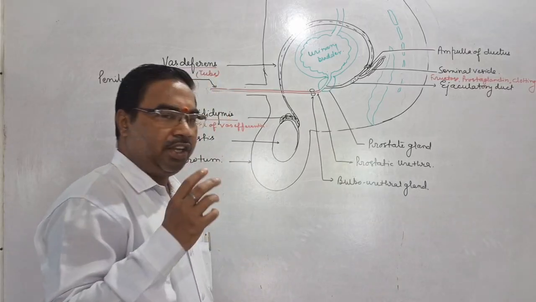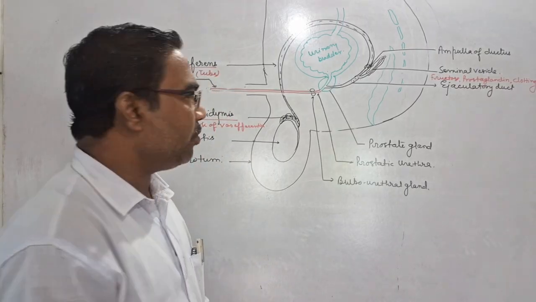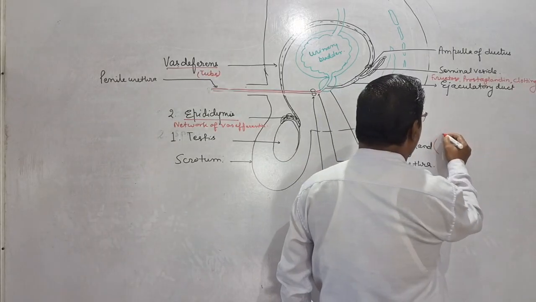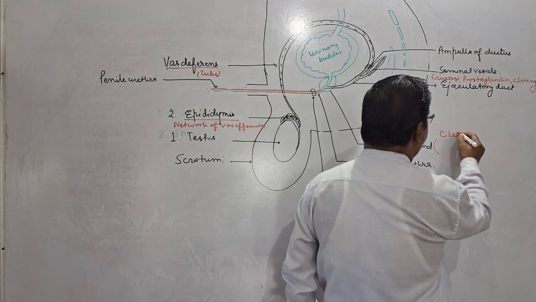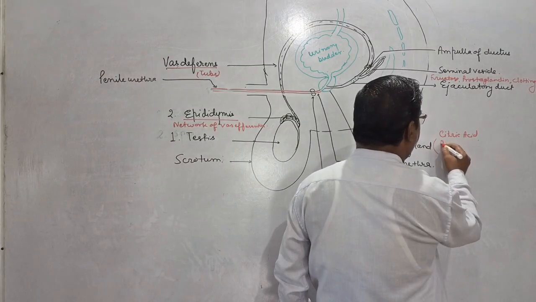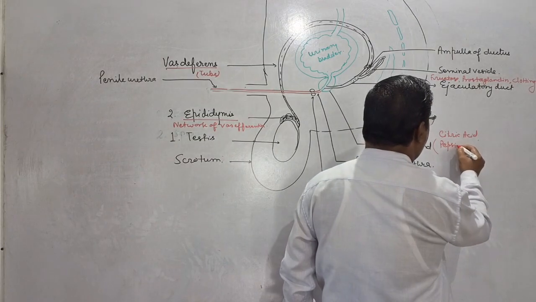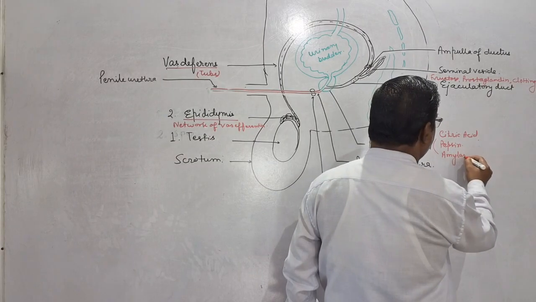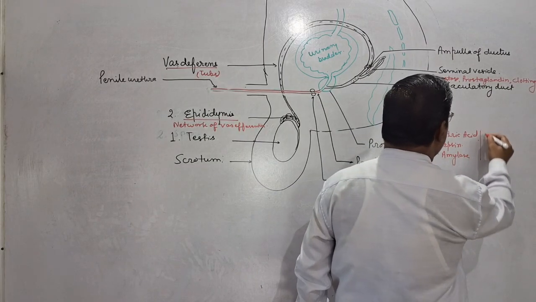Prostate gland is contributing about 25% of the semen, and it produces citric acid, then enzymes like pepsin, amylase, and prostaglandin.